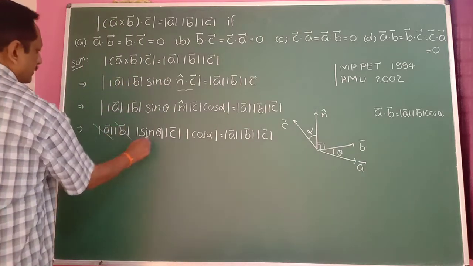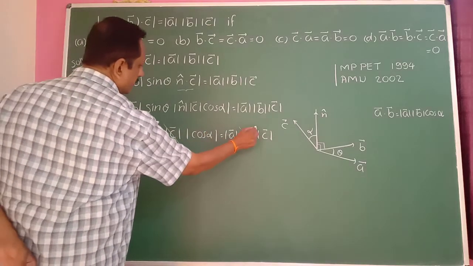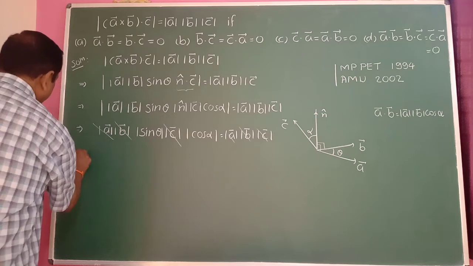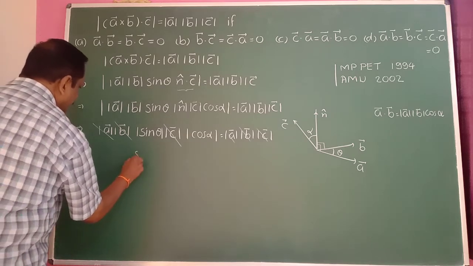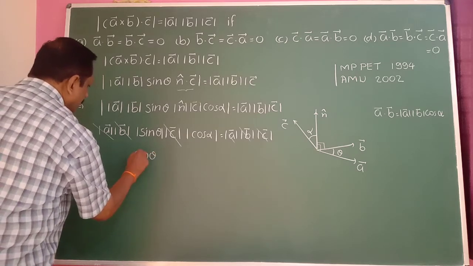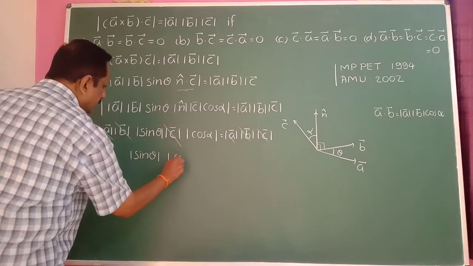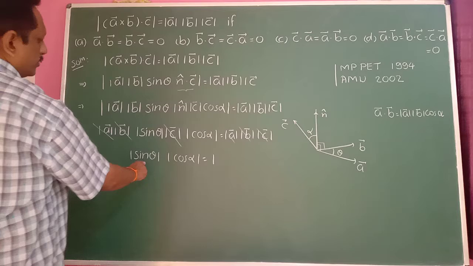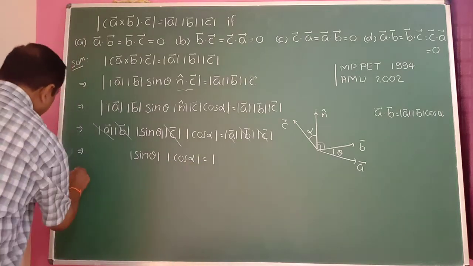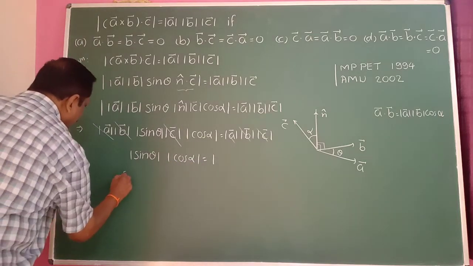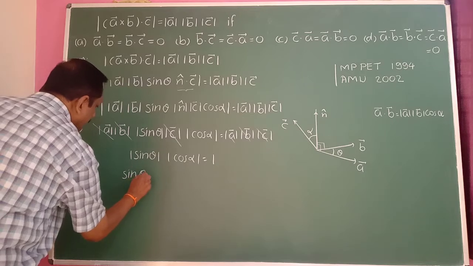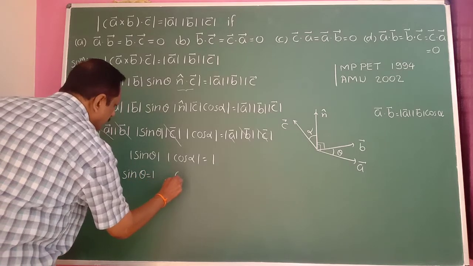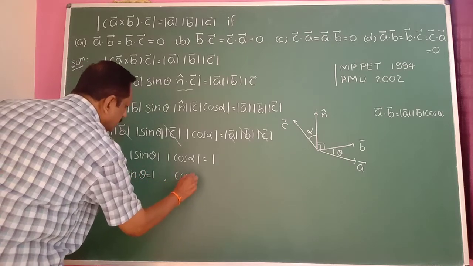Here these three terms get cancelled. Therefore, modulus of sin theta into modulus of cos alpha is equal to 1. So the product of these two is equal to 1, which means sin theta is equal to 1 and cos alpha is equal to 1.